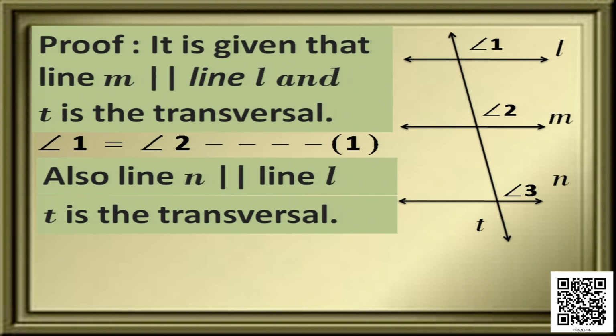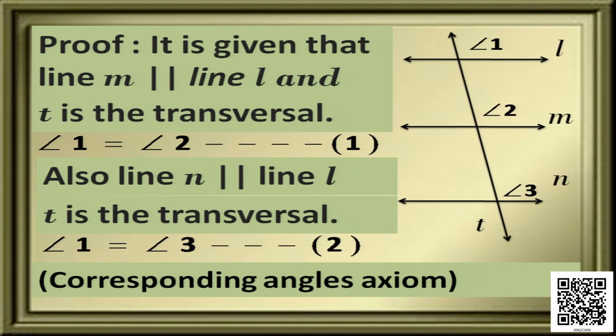If line N is parallel to line L and T is the transversal, then the corresponding angles are 1 and 3, so these two are also equal by the corresponding angle axiom.